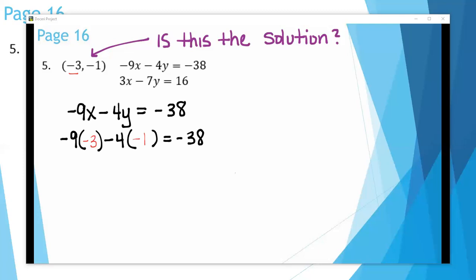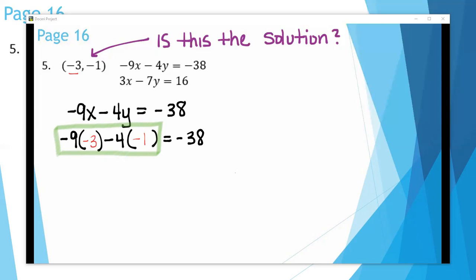So what I want you to do is take your calculators and substitute this in your calculator, just like this, and see if you get negative 38.